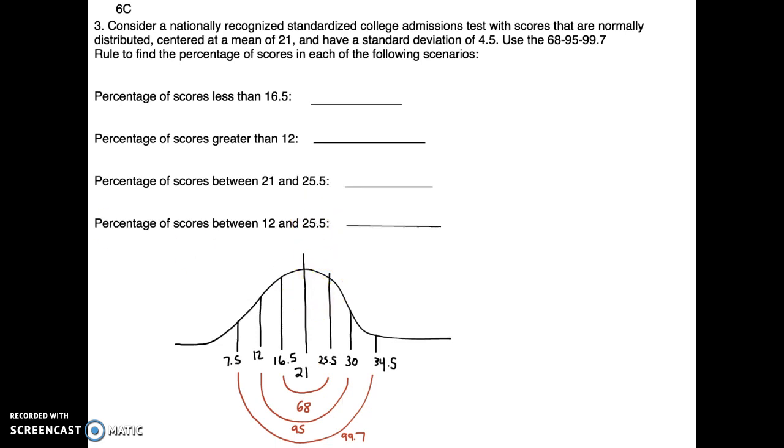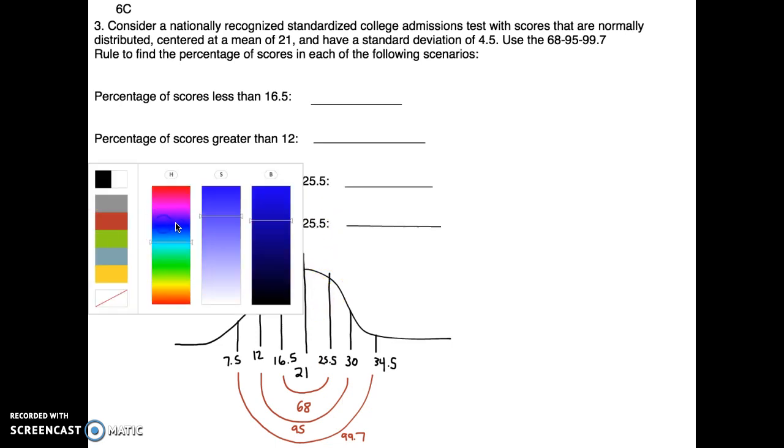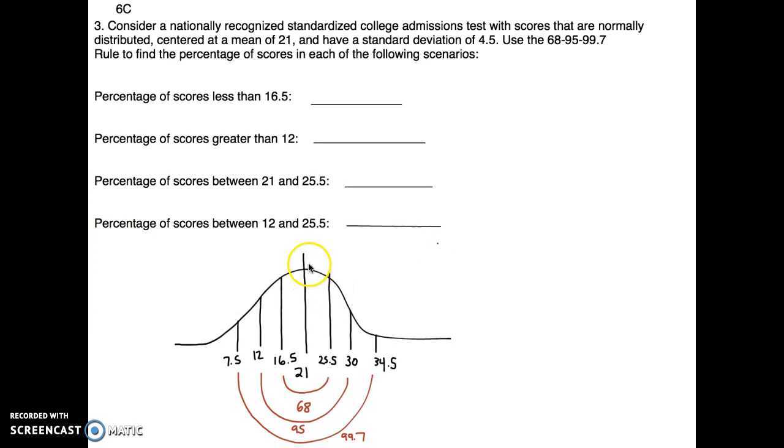Okay, another way to look at this is that half of the numbers, so this half right here, will represent 50%. And this half will represent 50%. So 50% of the numbers fall below the mean, 50% fall above the mean.